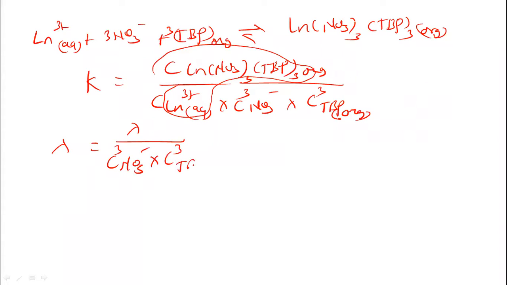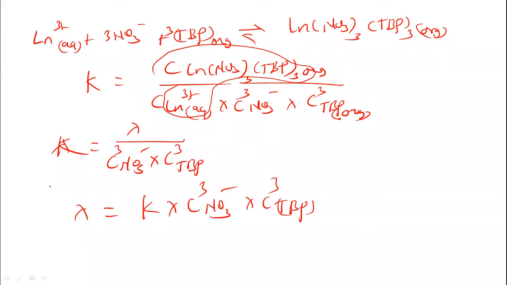Therefore, lambda is equal to K into the concentration of nitrate ion raised to power 3 multiplied by the concentration of TBP raised to power 3.